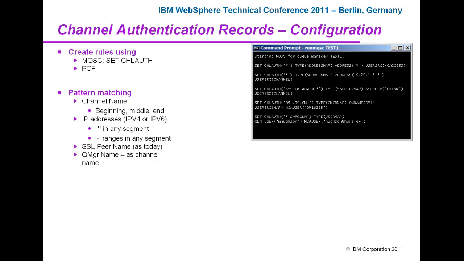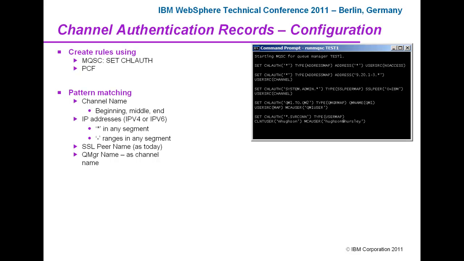Let's bring that up so that it's not quite so much of an eye test. So, this first rule is the one I call the backstop rule. When you get to the point where you are doing everything with the channel auth, I imagine people having this rule that says, if I didn't match anything else, then I'll catch this rule and I'll block it.